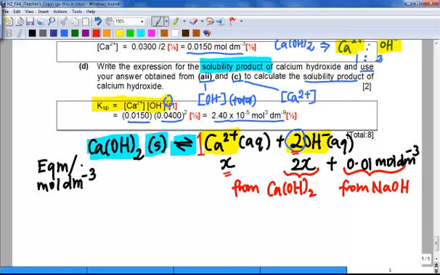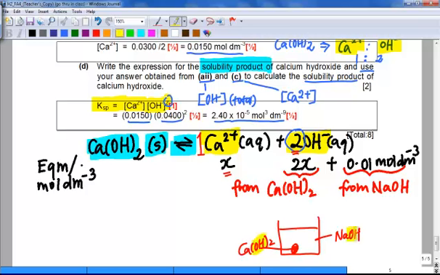We actually dissolve our calcium hydroxide in a solution of NaOH. So obviously, the common ion is OH minus. And we notice that the concentration of OH minus from NaOH is 0.01 moles per dm cube as calculated earlier.